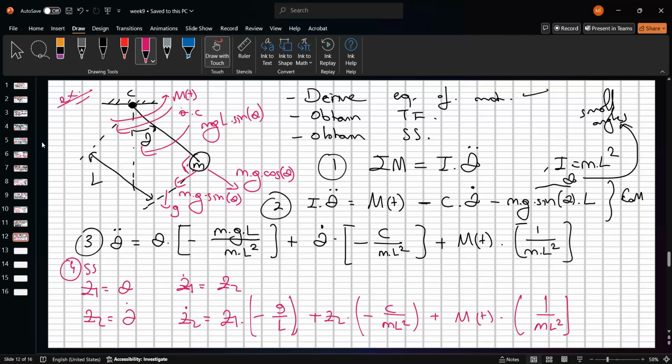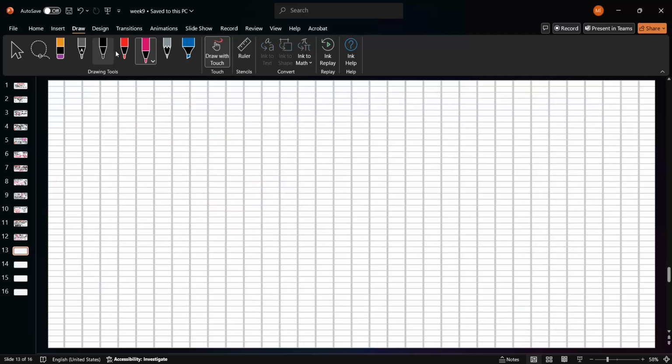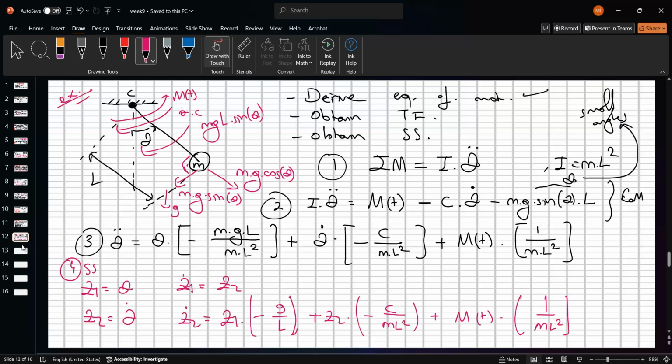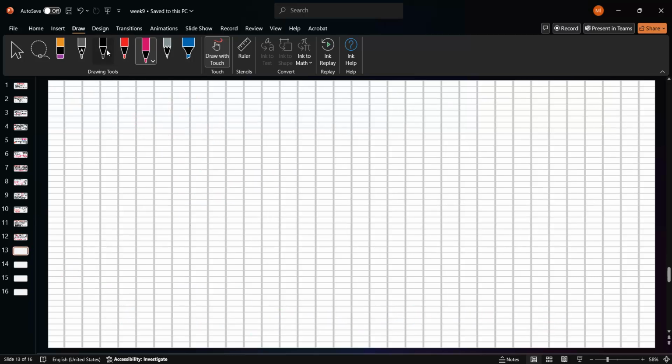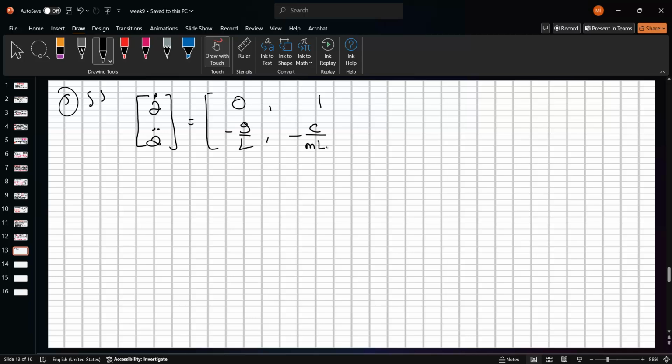And if this is the case, then we can write the whole equation in matrix form. The state space can be defined with these terms. Theta dot, right, which is equal to 0 and 1, and minus G over L, minus C divided by ml squared, times theta dot, right?